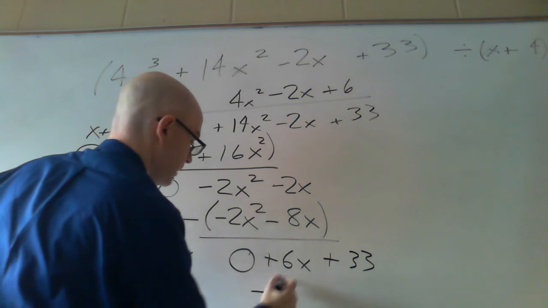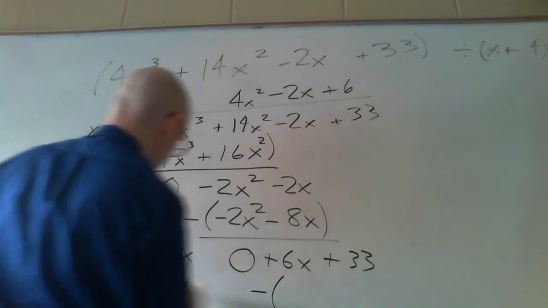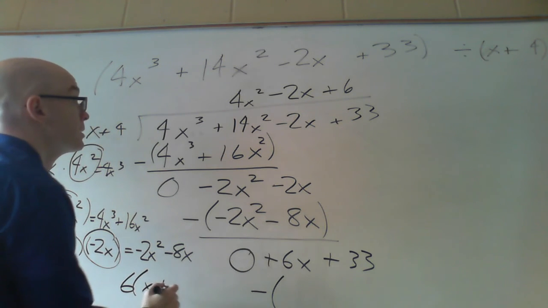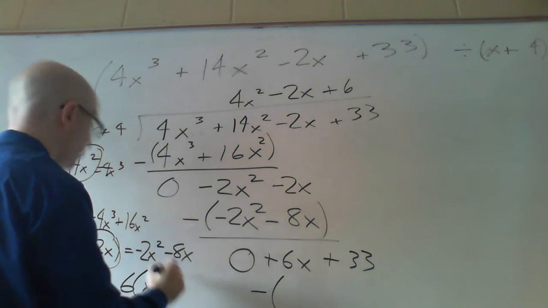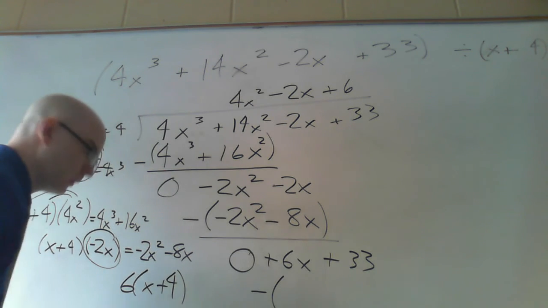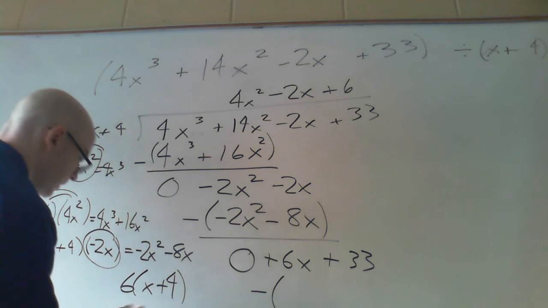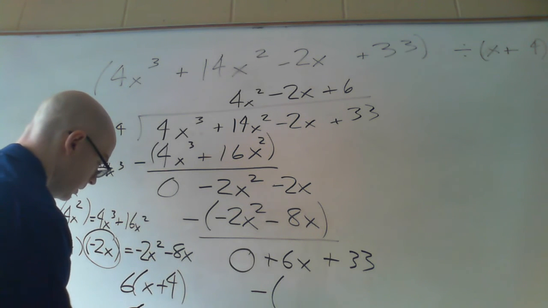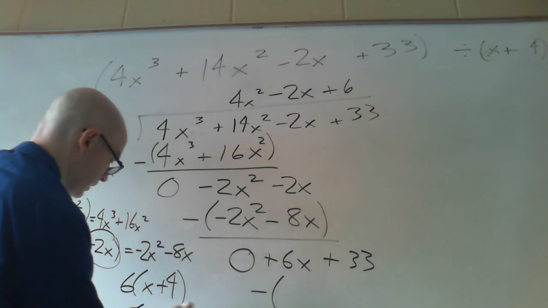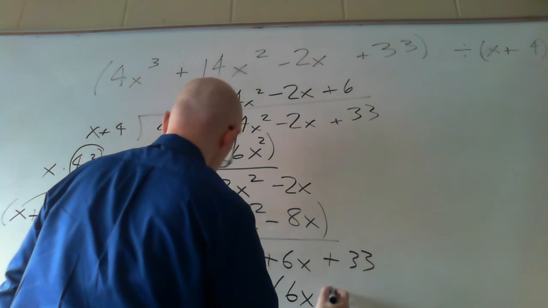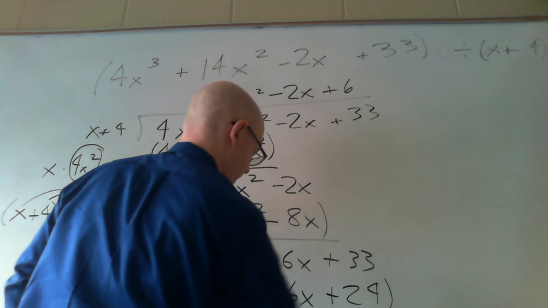So now it is minus 6 times x plus 4. Yeah, I know, a lot of numbers. Don't worry about it. It'll be all right. This gives us 6x plus 24.